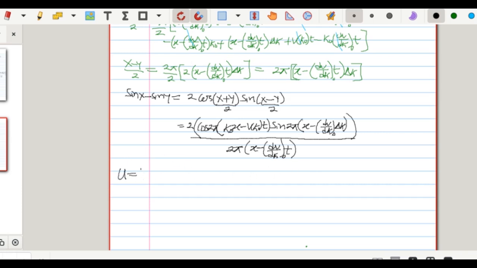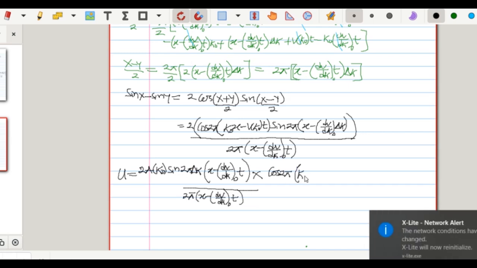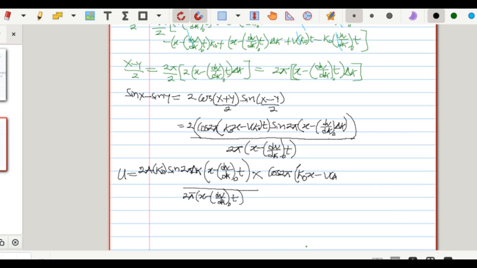Our u now will be 2a, this 2 here, 2a, compare our u, 2a into sine 2 pi, this sine 2 pi of changing k into x minus dv over dk naught of t, multiplying, no, this is dividing 2 pi into x minus dv over dk naught of t, and this is multiplying cos 2 pi into k naught x minus v of k naught t.